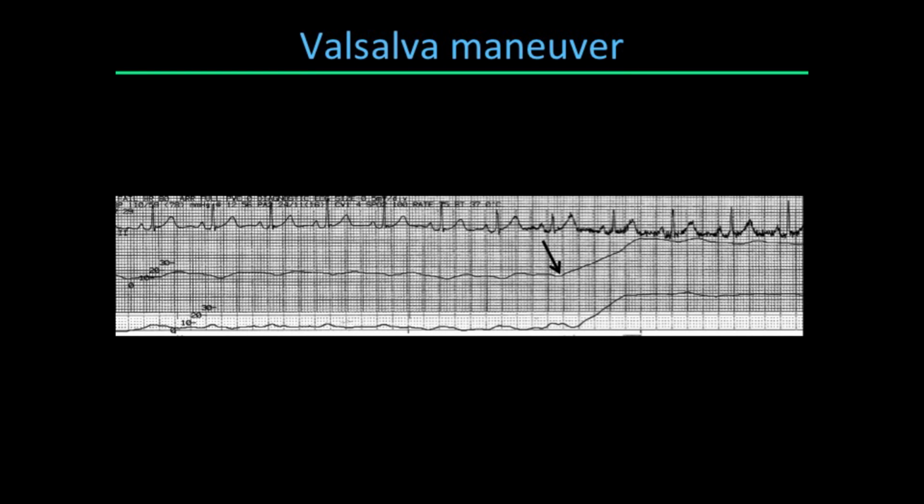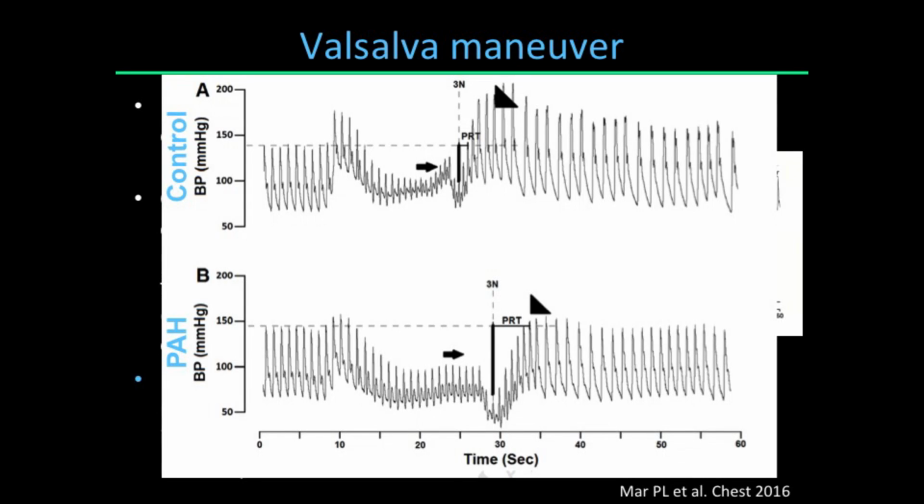We're now doing something more for research, although we have had a few patients that had dizziness when moving their bowels or when doing a Valsalva maneuver. So we do a Valsalva maneuver during the catheterization. There is some data on Valsalva maneuvers, particularly measuring blood pressure in patients with PH.